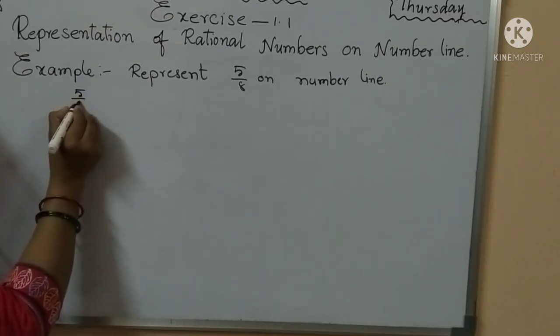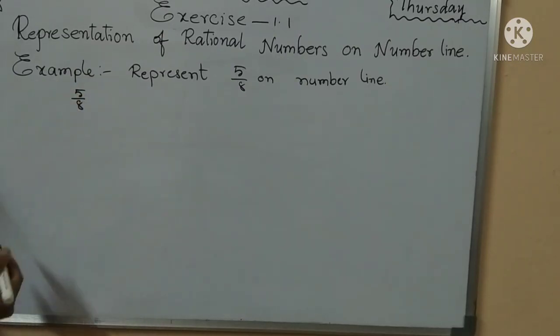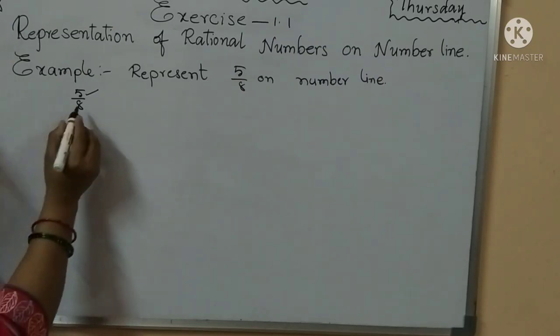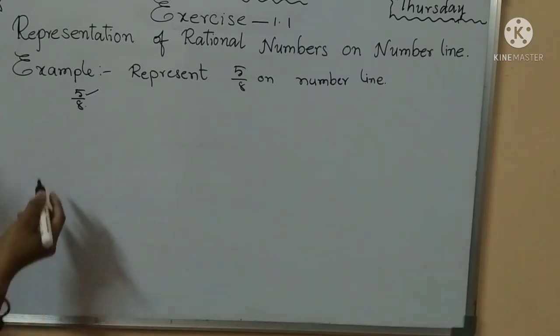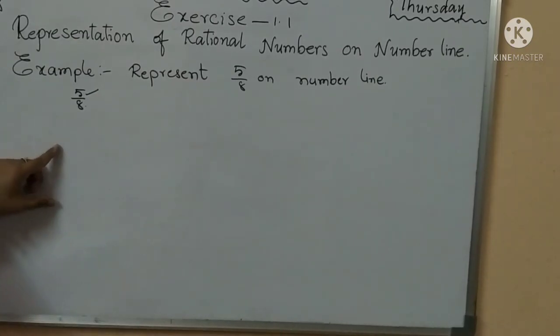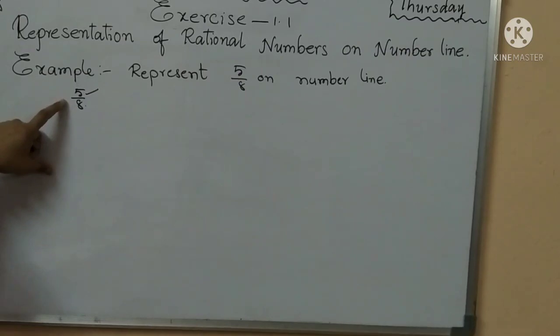What does the numerator tell us and what does the denominator tell us? Any rational number can be represented on a number line.